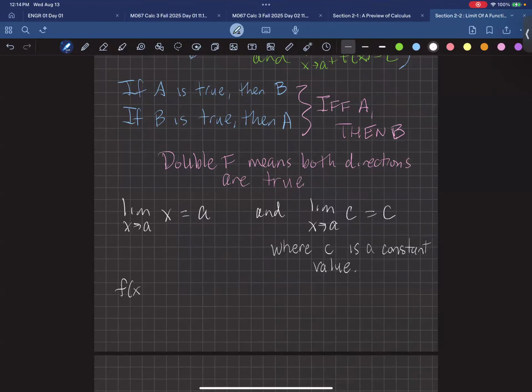This is like saying f of x equals x here. And notice in this case, this is the line y equals x, which exists everywhere, for all values of x.